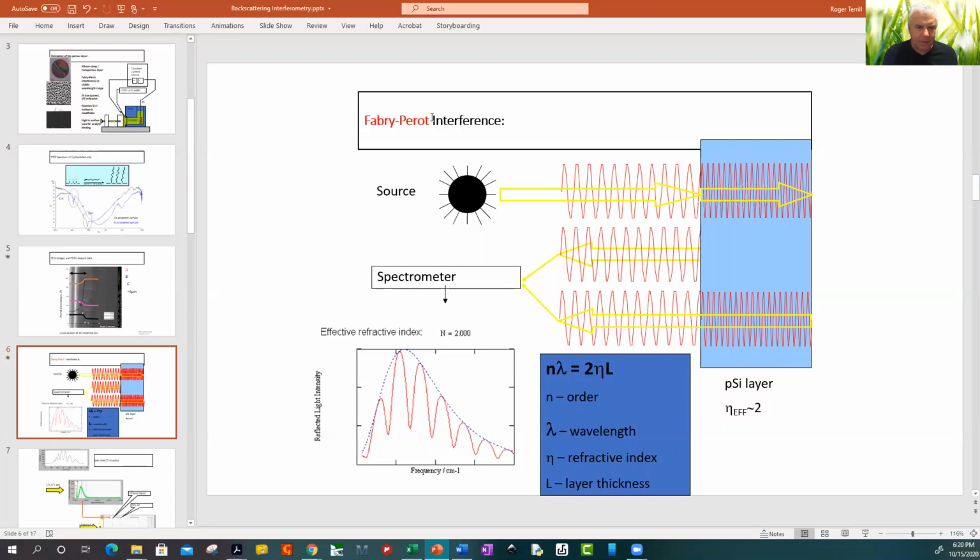And if you reflect light off a soap bubble film, you know how they look kind of green and purple and red? They give this iridescence. That's Fabry-Perot interference. And if you had a little spectrometer to look at that light, it would be wiggly like this, right? And the wavelength and the thickness and the refractive index are all wound up in here.